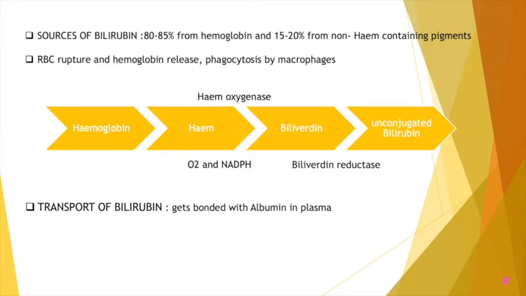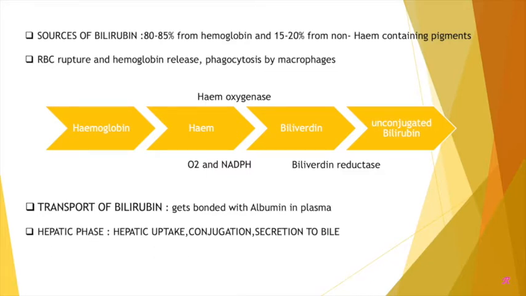Now, next is the hepatic phase, the most important phase. What do you think of when you hear the word hepatic? It means something related to the liver. Now we have reached till plasma, where it got combined with the albumin.